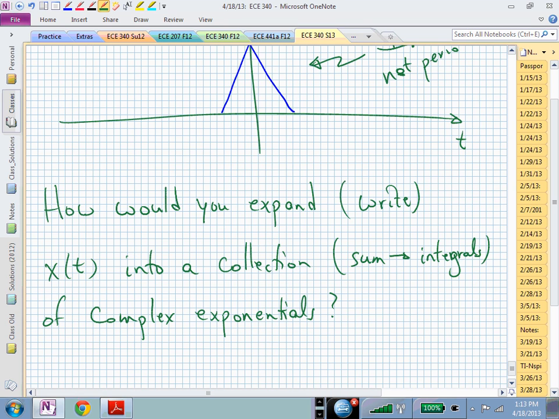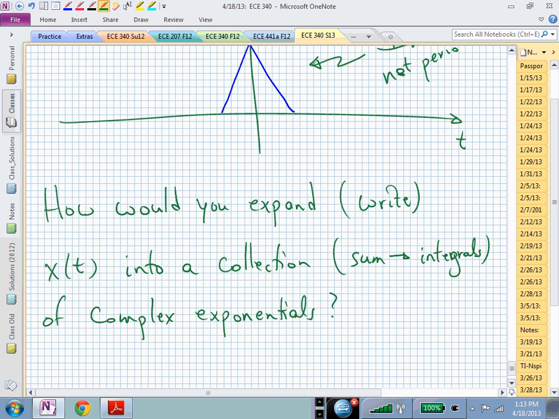Is there a way that we can rewrite x of t as this integral of exponentials? And that's what I just started with in terms of those equations. So we're trying to derive those equations. Now, can we write it as a convolution? Is that what we want to do?